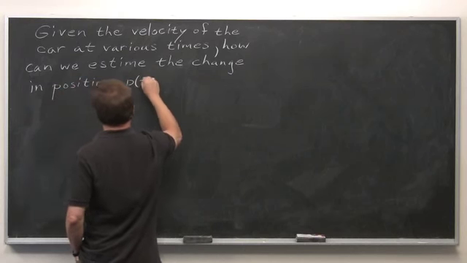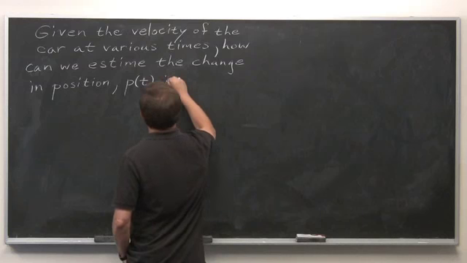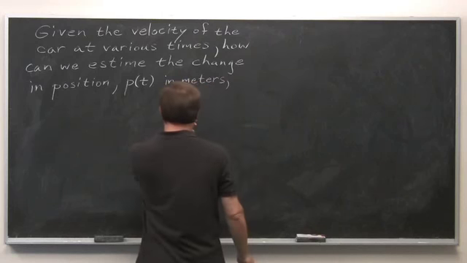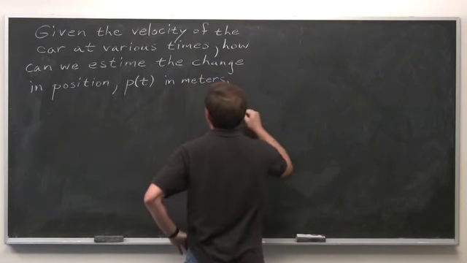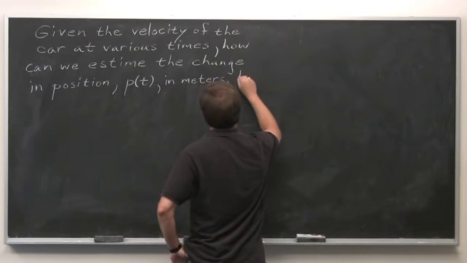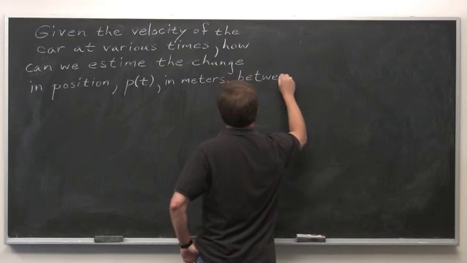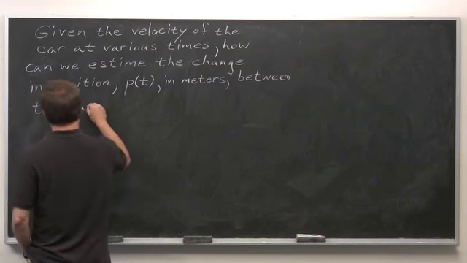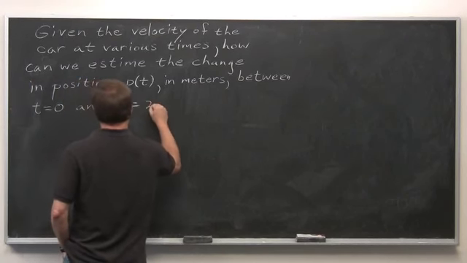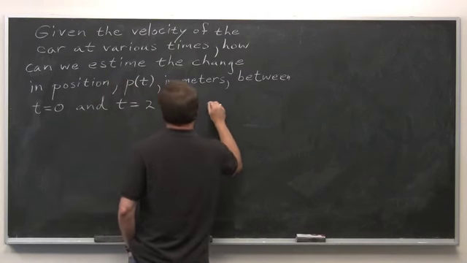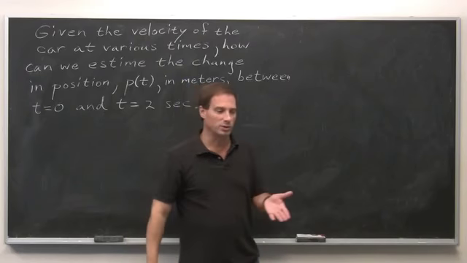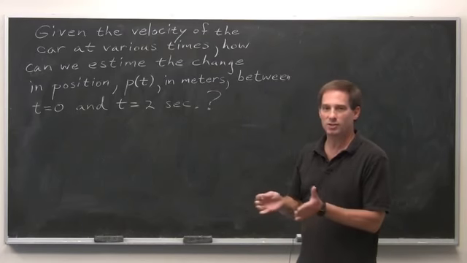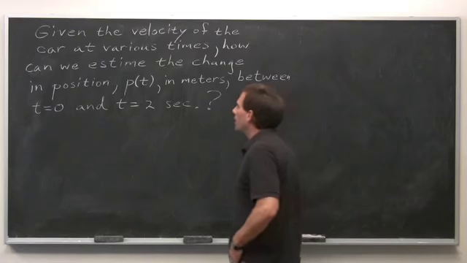I'll call the position P of t. I'll measure that in meters. Measure the change in position P of t in meters between t equals 0 and t equals 2 seconds. So this is our fundamental question that we want to start with. It's a natural question. You've got the velocities. How would you estimate how far you've gone?